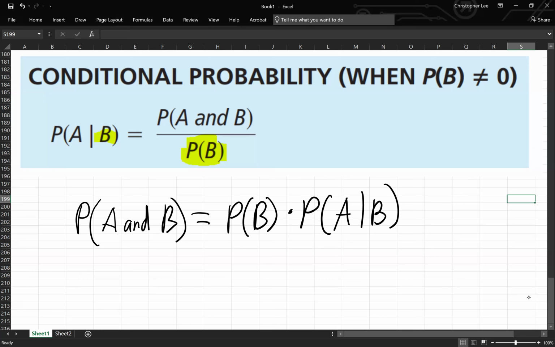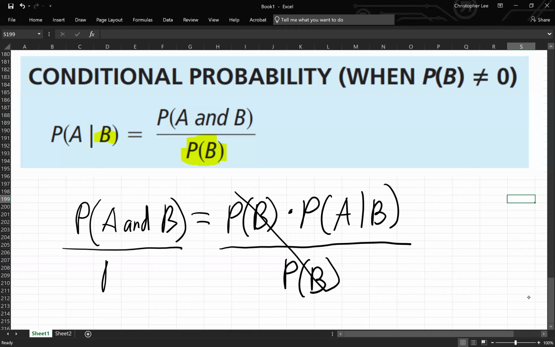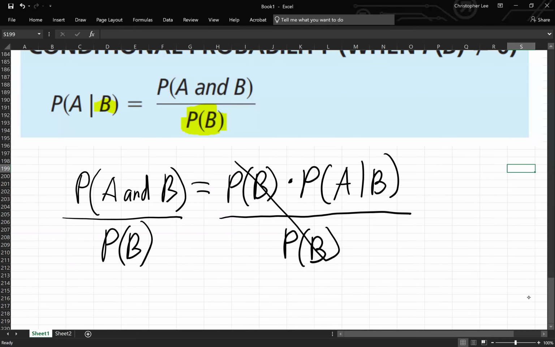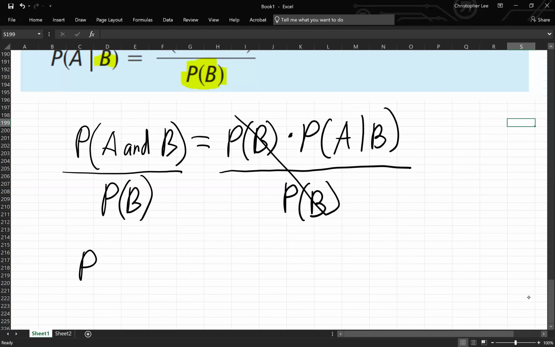Solve for the probability of A given B. To do that, you just simply divide by the probability of B. And what you do to one side of the equation, you do to the other side. Literal equation. Bam. So as you can see, it's already on your formula sheet.